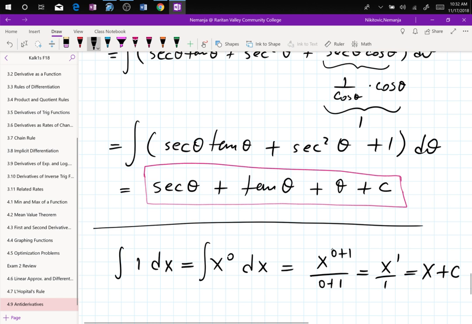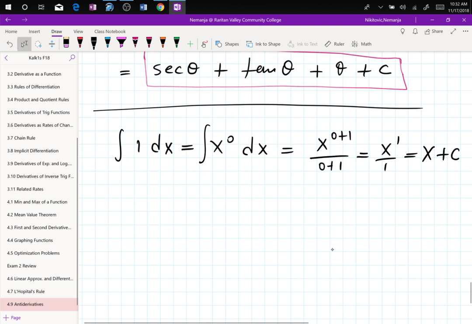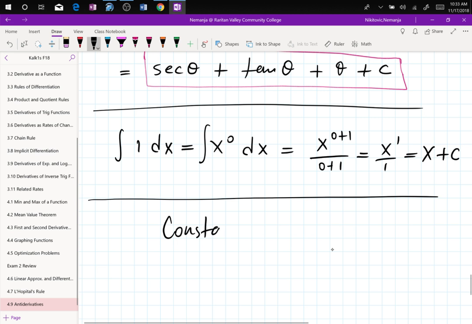The last part of this lecture, and then we go hit the break, is the way to compute c, the meaning of c, and all of these kind of things. So let's talk about constant c, constant plus c, right?